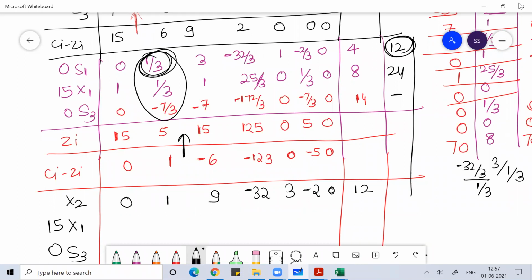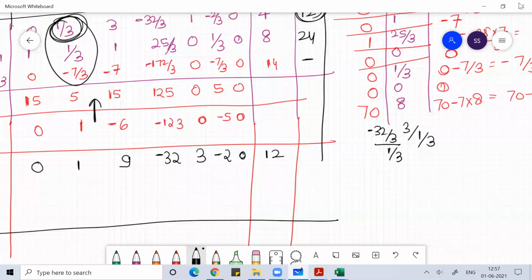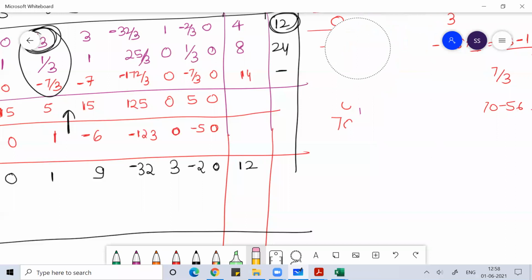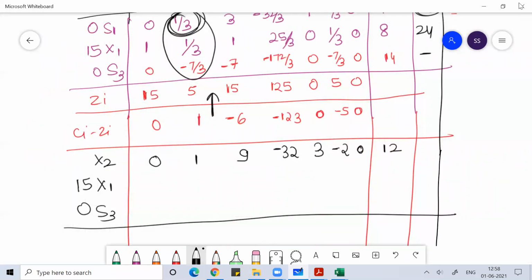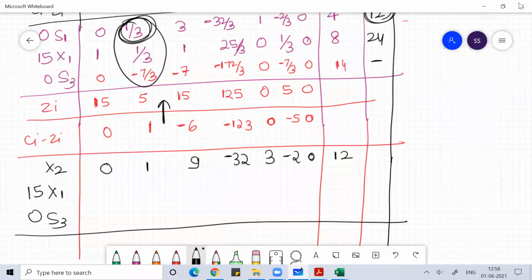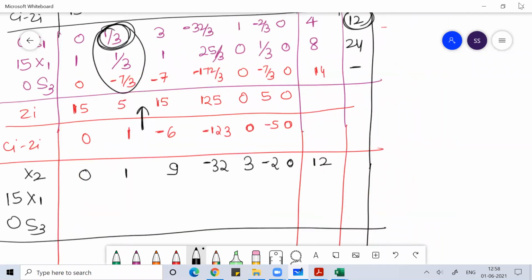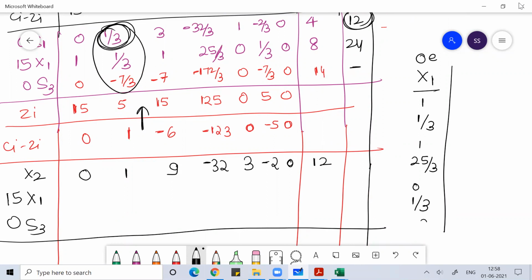So your constant is 1 by 3. So the old element of x1 is 1, 1 by 3, 125 by 3, then 0, 1 by 3, 0, 8.